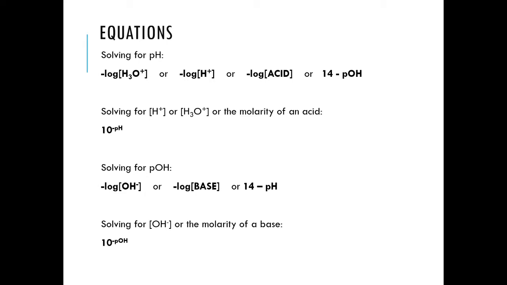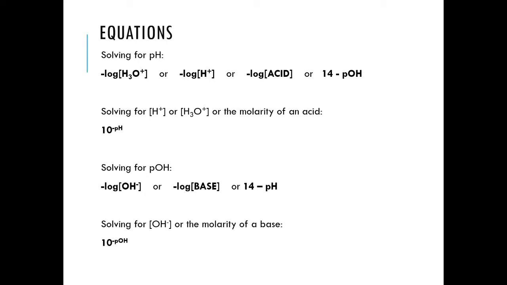You can take the negative log of the hydronium concentration, or H3O plus, or if they say the H plus concentration, essentially talking about the same thing, so you could take the negative log of that. Or the one that people struggle with most is if they give you the concentration of a strong acid, you can take the negative log of that. Remember, the concentration of a strong acid is essentially the concentration of H plus, because strong acids completely dissociate. So doing those 3 things are essentially all doing the same thing.